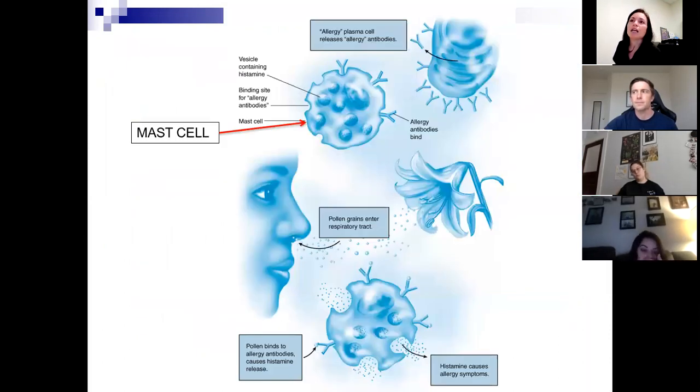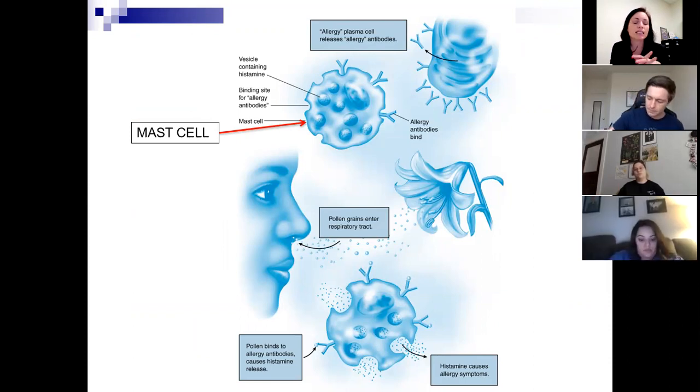With allergic rhinitis, your body is basically overreacting to an allergen, whereas viral rhinitis is from a virus. We have cells in our body called mast cells, and those mast cells contain histamine.